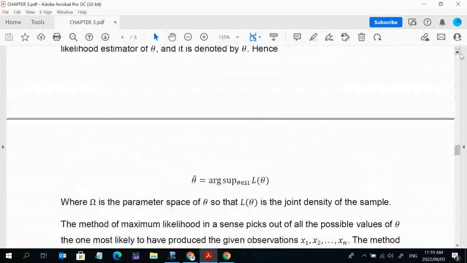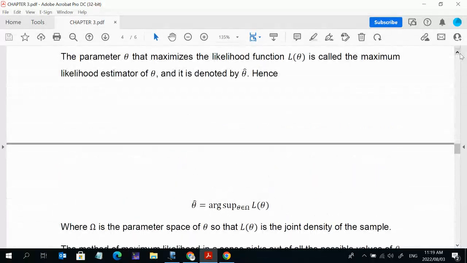So what is this theta hat? Remember, we have the parameter space, which is a set of the acceptable values of theta. The method of maximum likelihood gives us a value from the set.